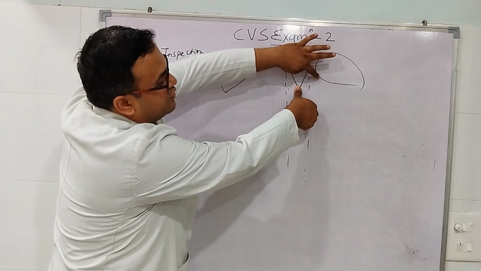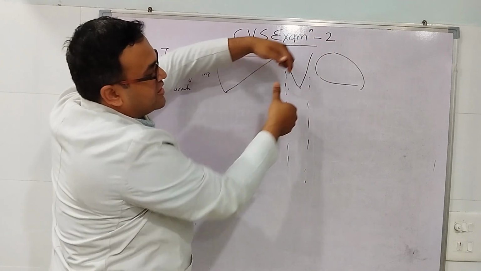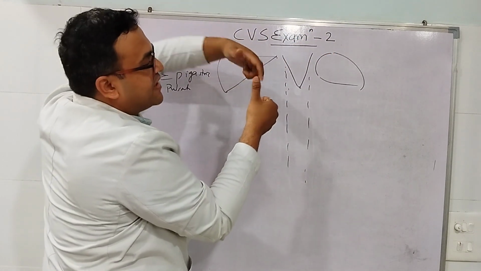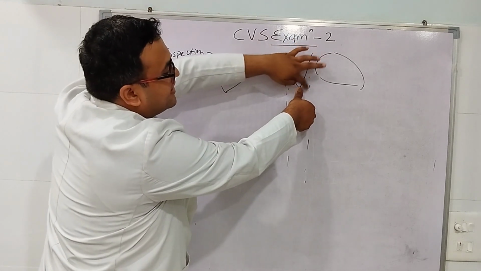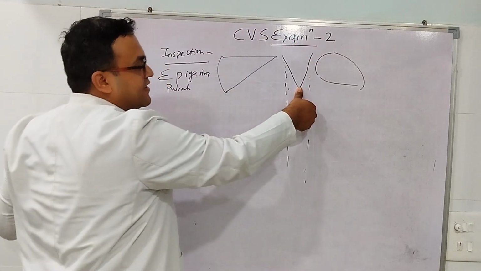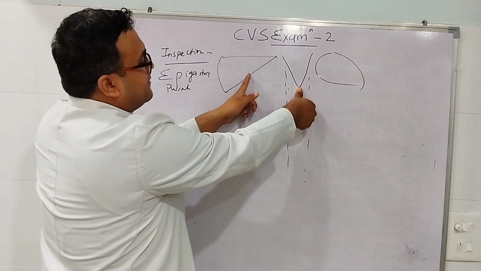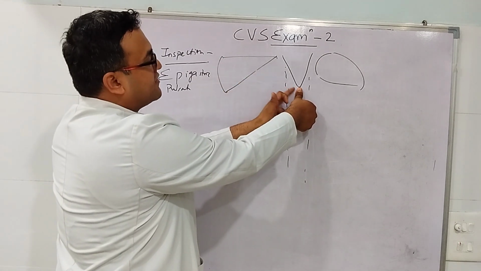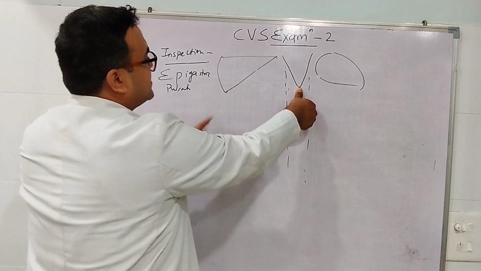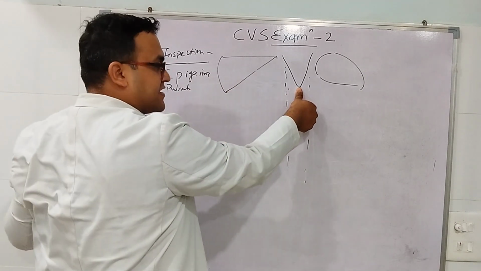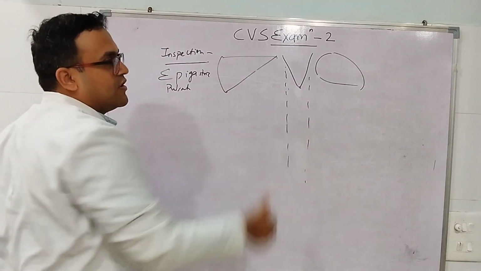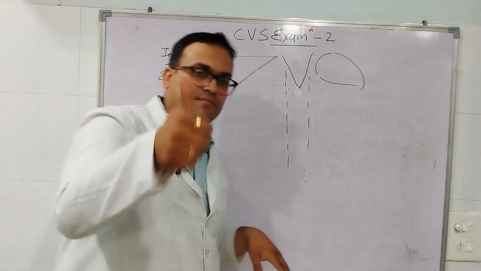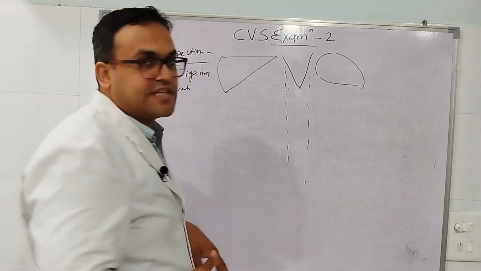If you feel a pulsation on this part of the thumb, this is the right ventricle, so these are right ventricular pulsations. And if you feel a pulsation in this part of the thumb, that means this pulsation is coming from an enlarged liver.